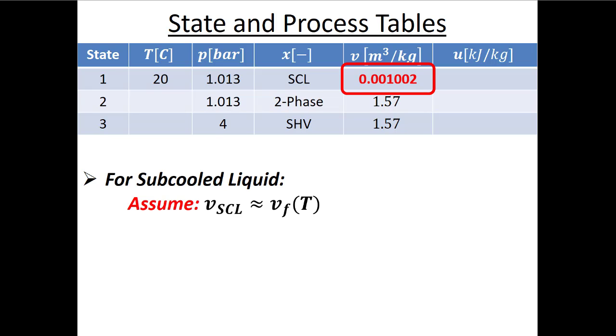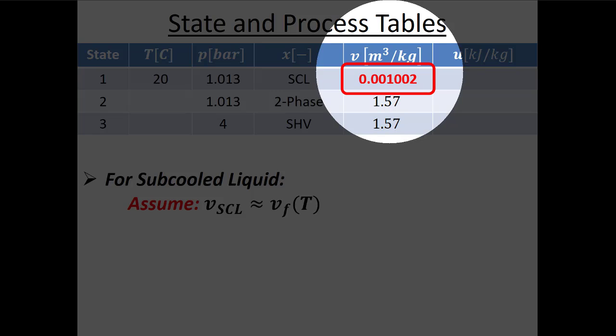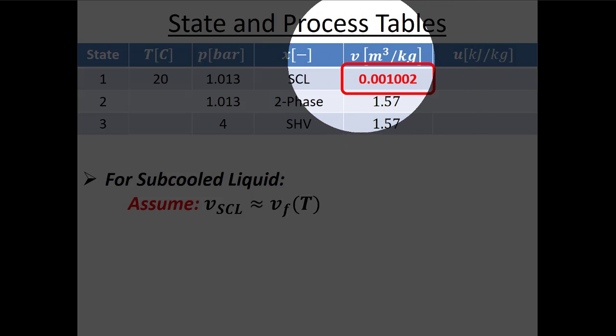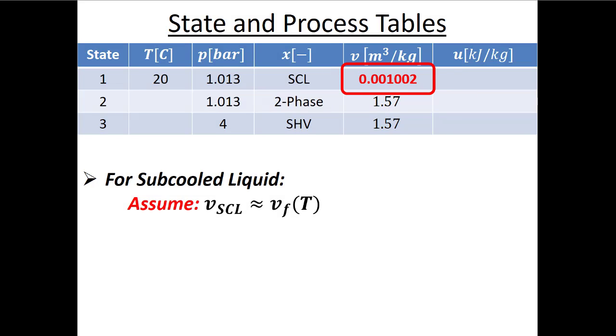So here I look it up on the table, and it's about 1 over 1,000, because specific volumes for liquid water, it's almost always right about 1 over 1,000. So on these tables, I think for this problem, they're nice. They don't do that multiply by 1,000 thing. But you always got to remember that if you're talking about a subcooled liquid, your specific volume should be right around 1 over 1,000.